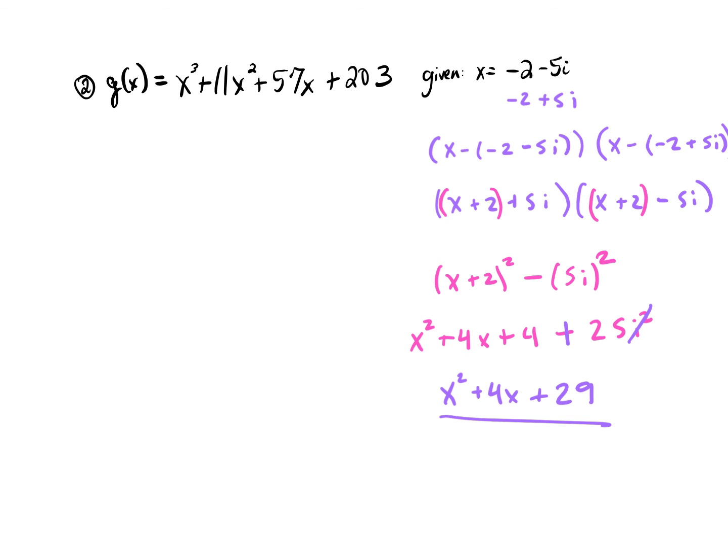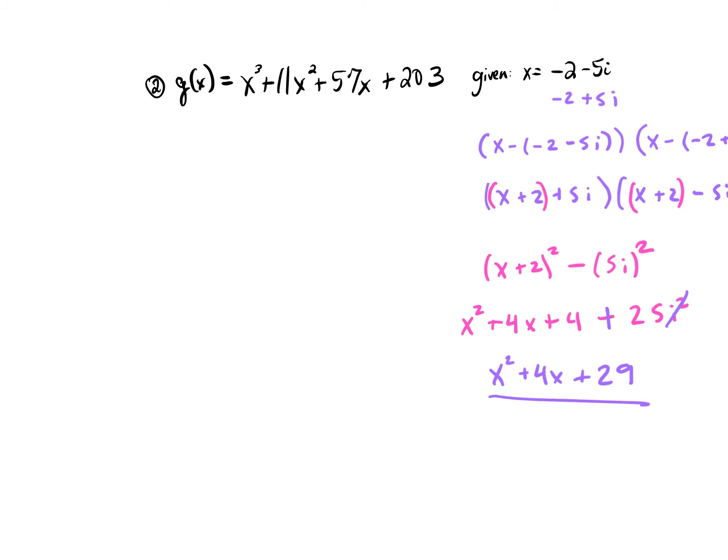Now to find our remaining factor, we divide. So on the outside, I have x squared plus 4x plus 29. That goes into x cubed plus 11x squared plus 57x plus 203. What should I do first?